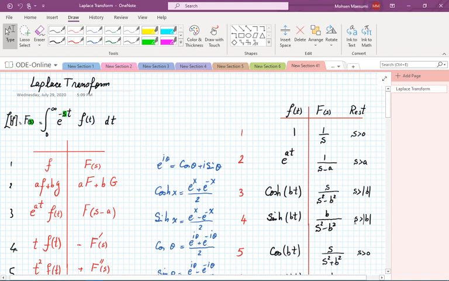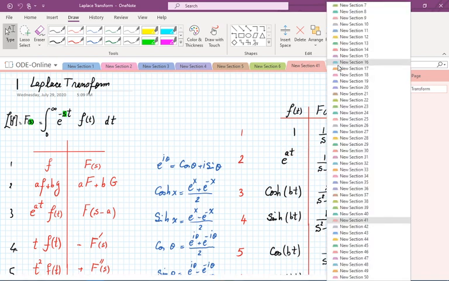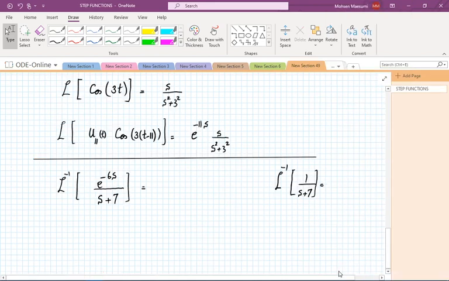If I have s plus 7, the inverse Laplace transform is exponential of minus 7t, or if I had s minus 7, it will be exponential of 7t, and so on. So this is exponential of minus 7t.